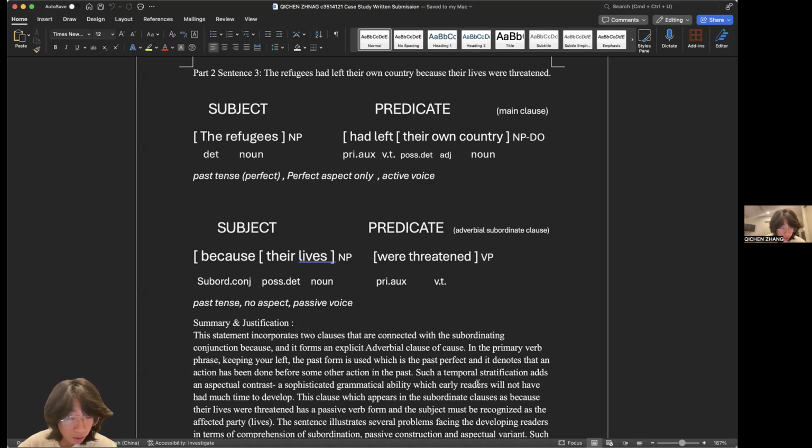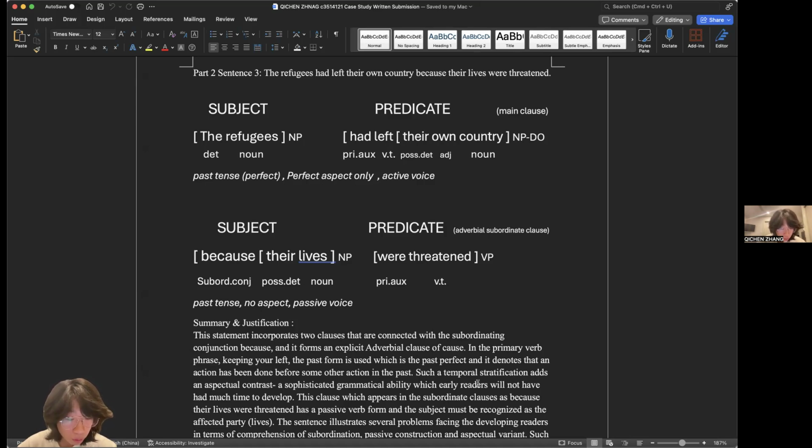In the primary verb phrase, the past form is used, which is the past perfect, and it denotes that an action has been done before some other action in the past.